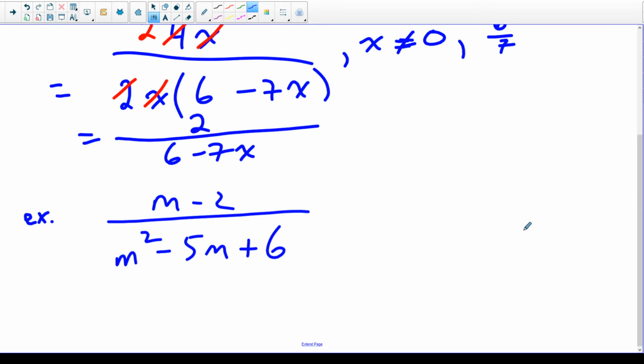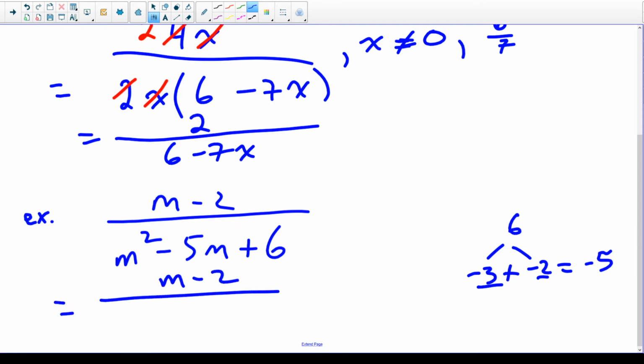So if I build my little tree, and I know a lot of you have different ways of factoring, it just becomes a question of how fast can you do it, okay? What two numbers multiply to 6 and add to negative 5? That would be negative 3 and negative 2. Because this is a type 1 trinomial, I can just substitute those values directly into the brackets.